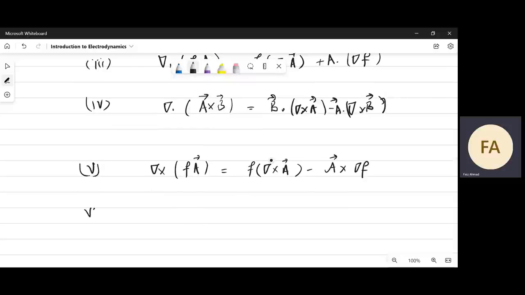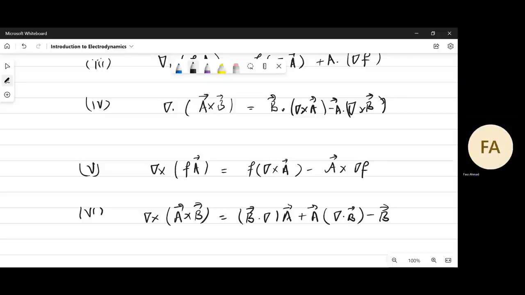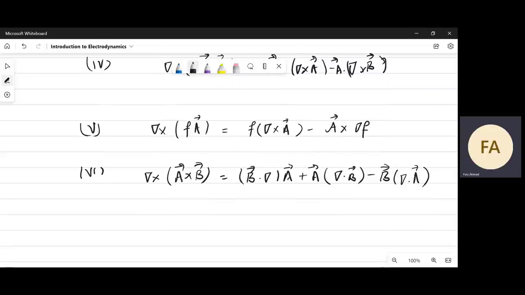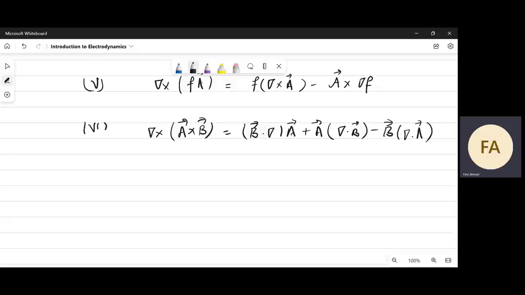And the last is del cross (A cross B), and it can be written as (B dot del) A plus A (del dot B) minus B (del dot A) minus (A dot del) B. Again, all these are available on the book cover, and if you want to prove them, the proofs are also straightforward.